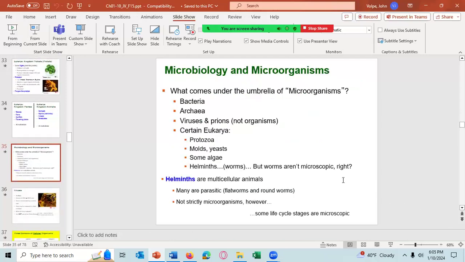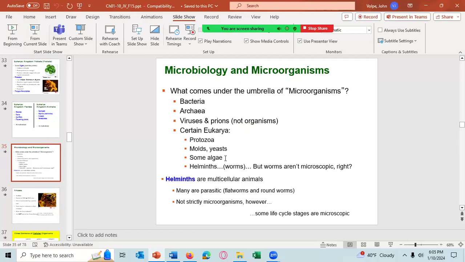All right, microbiology and microorganisms. We've talked about microorganisms, and we have briefly mentioned what falls under the umbrella of a microorganism. You have bacteria, archaea, certain of the eukarya, like the protozoa, the molds and the yeast are unicellular, so they're microorganisms.